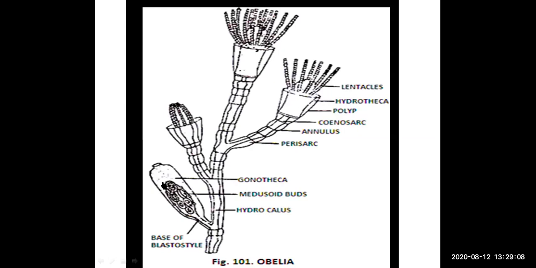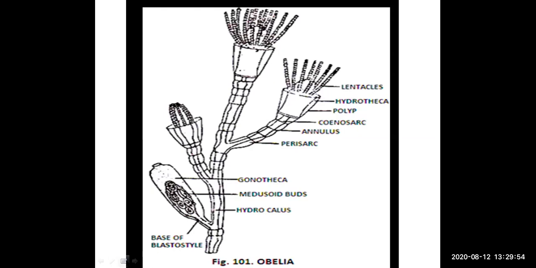Medusa buds are at the base of the blastostyle, which arises from the hydrocaulus. The blastostyle, by lateral asexual budding, produces the sexual individuals called medusae. The blastostyle together with the medusae and gonotheca is called the gonangium.